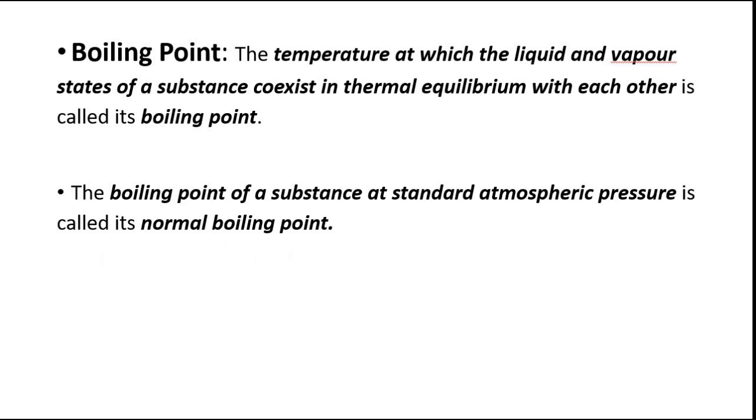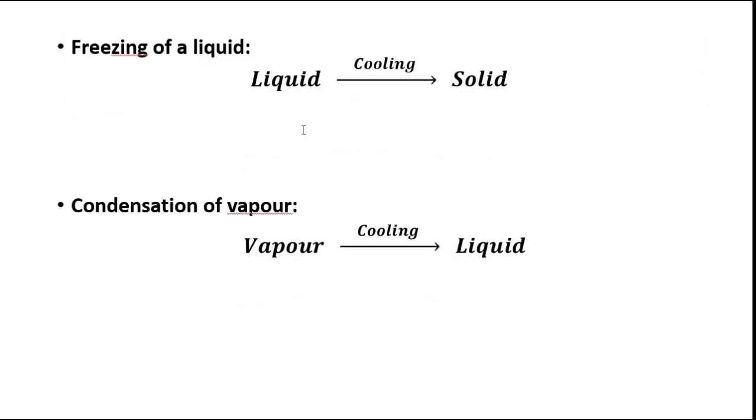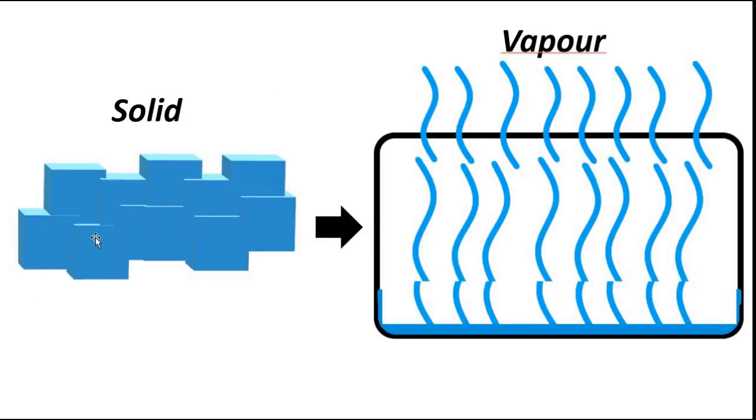So here we have discussed some changes of state: solid to liquid, melting; liquid to vapor, vaporization; liquid to solid, freezing; vapor to liquid, condensation. There is another change of state also, in which the solid on heating, when heat is supplied, gets directly converted into vapor, bypassing the liquid state.